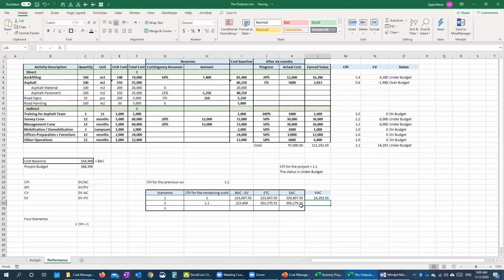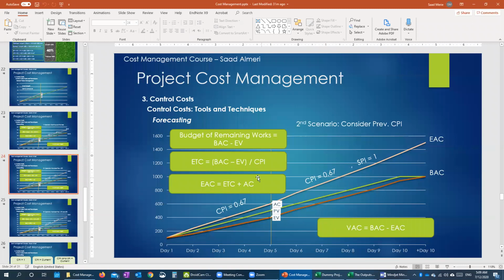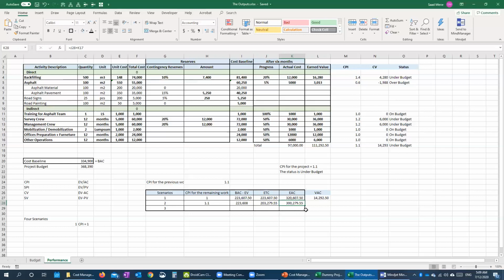That means if I continue with my performance this way, my estimate at complete will be 300,000 instead of 335. Like we said before, the EAC can be calculated in this formula, or by the full budget divided by 1.1. So it is almost the same amount.